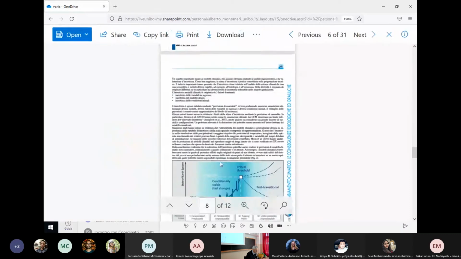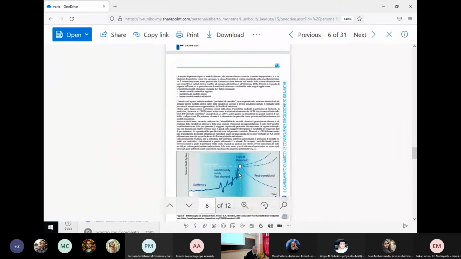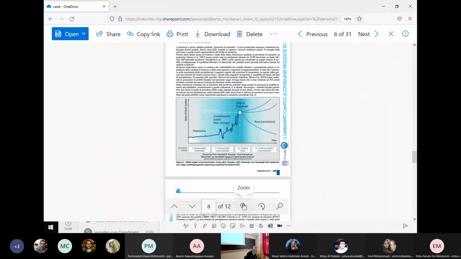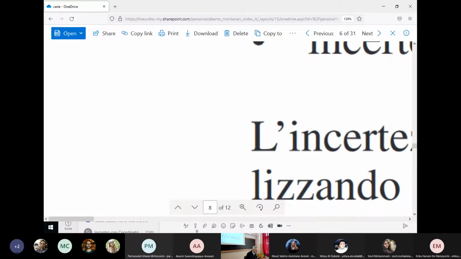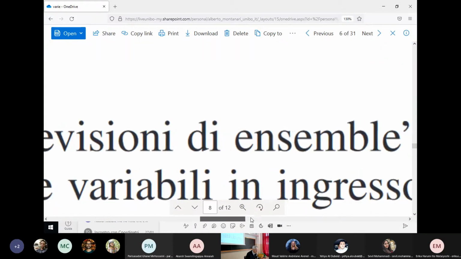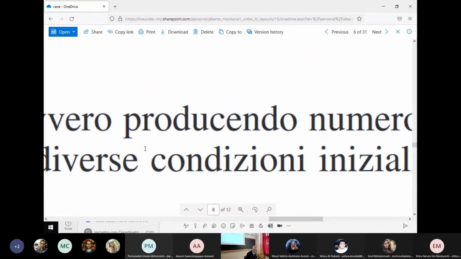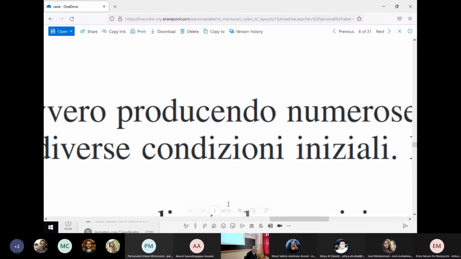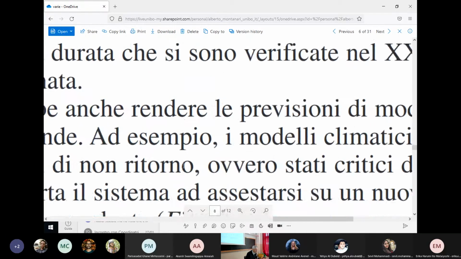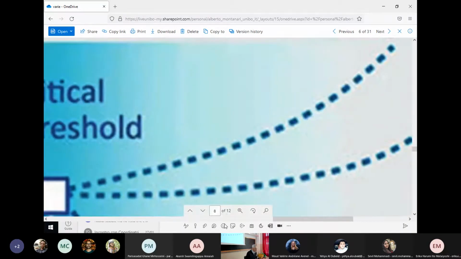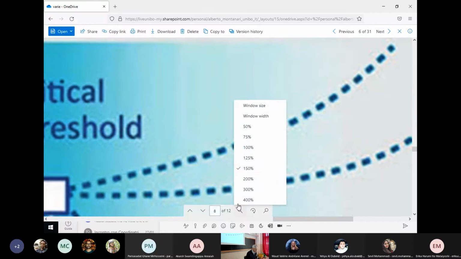This is the one which I wanted to show you. Just 1 second. This may be too large. Let's see. Still too large, just 1 second.